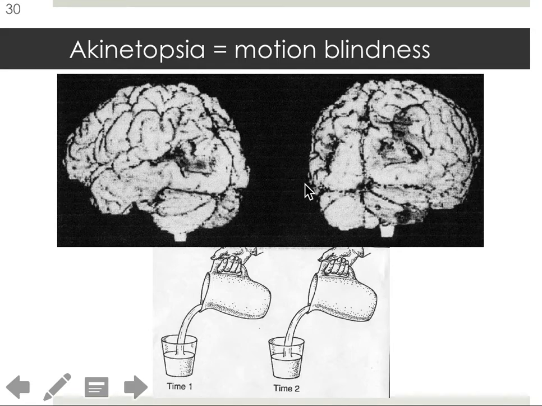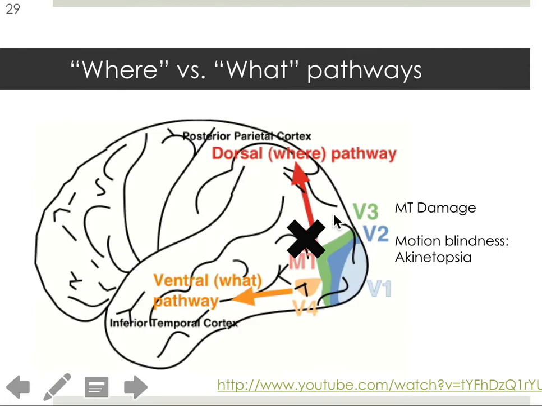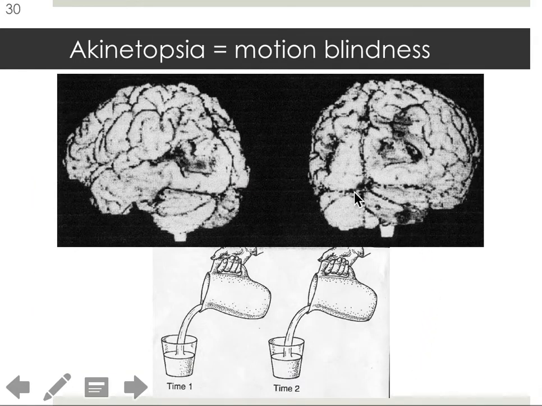And so what people with akinetopsia experience, and there's a nice little YouTube link that you could click on if you're interested, is the lack of integration of motion in the world. Right? So they're experiencing the world as if it's a series of static images, right?